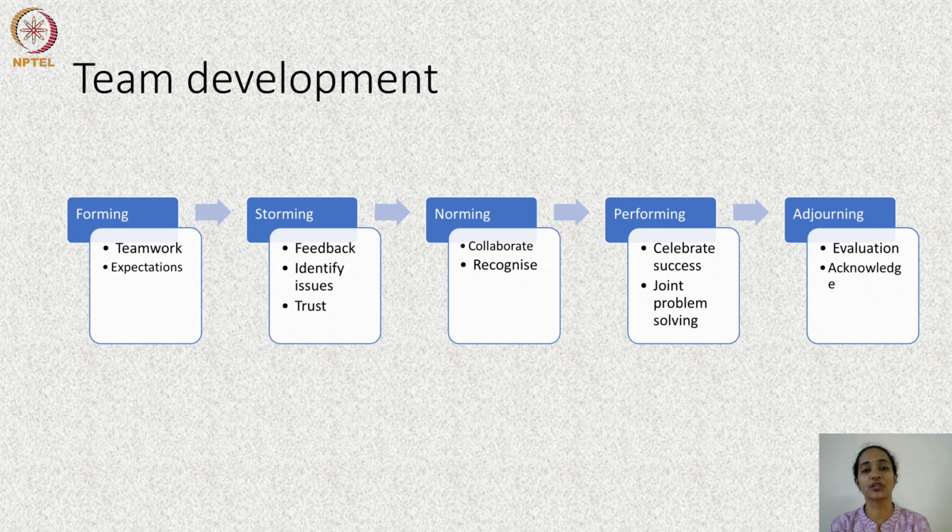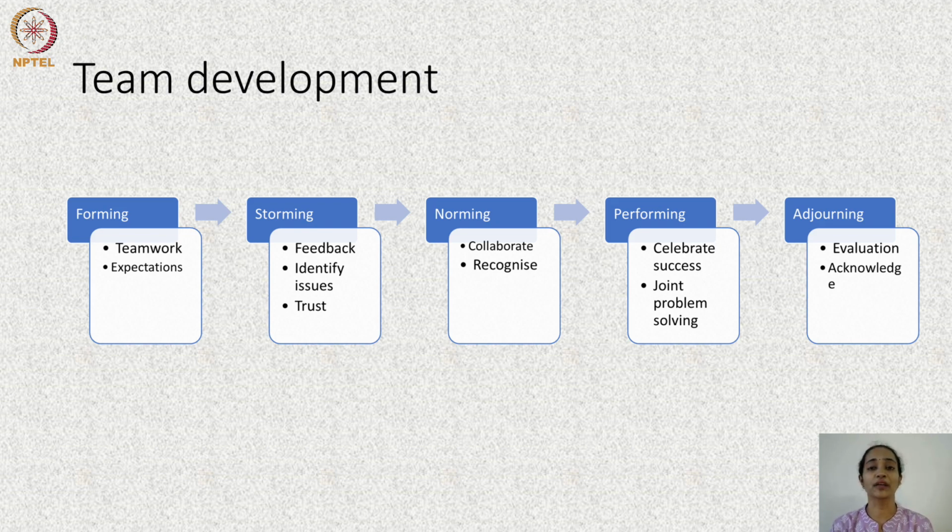And because of these two things, trust builds within the team. Now, it's very important that the team members start listening to one another and understanding that they need to collaborate to get the team task done. Without this happening, the team cannot move towards the next phase, which is the phase of norming.